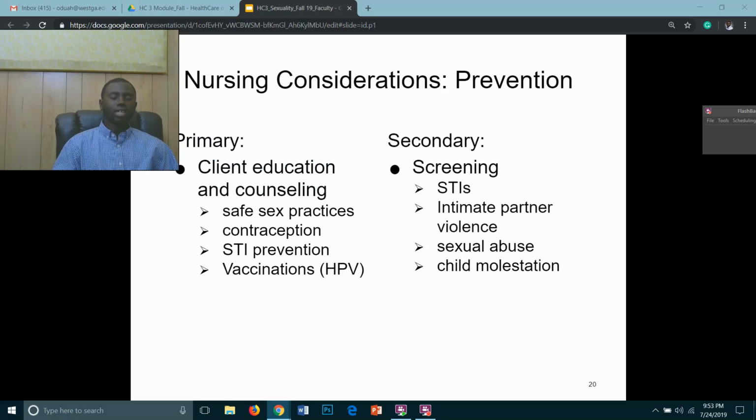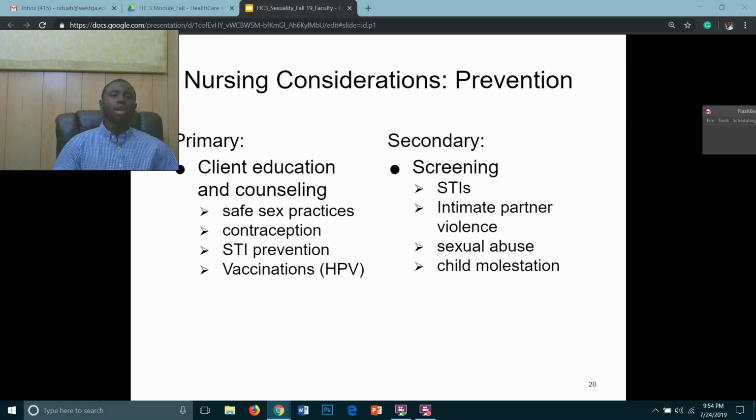Now that we have looked at the assessment piece, let's look at some nursing considerations and prevention. Unprotected intercourse, multiple sex partners, adolescent onset intercourse, sharing of intravenous needles, and a current diagnosis and history of STIs are all factors which increase a client's risk for poor sexual health.